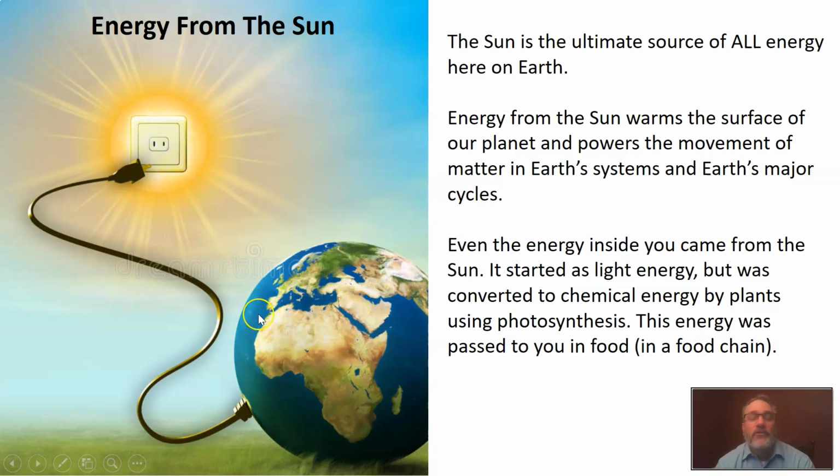Some of that light energy is converted to heat, and it warms our planet. Some of that light energy is used by plants for photosynthesis. But all the energy on our planet is coming from the sun. Okay, and our sun is really what's going to power each one of these Earth systems.